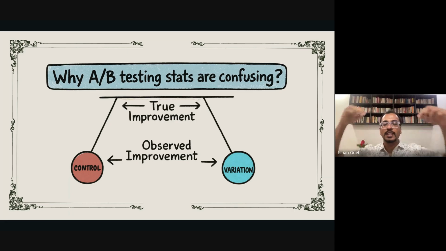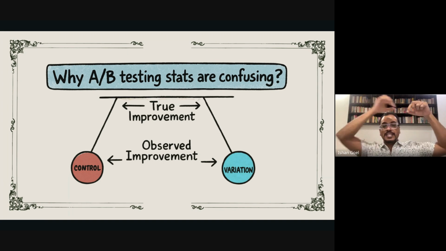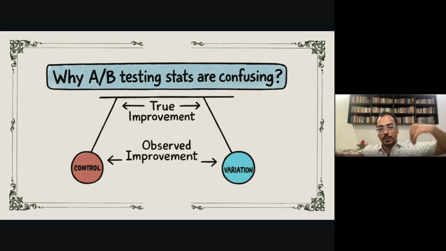If you imagine 2 pendulums hanging from a rod, the distance between where these 2 pendulums are hanging from is the true improvement that is unknowable. And now these pendulums randomly fluctuate around their separate means. So control has a mean, say the true mean of control is 10%. You can expect to see anywhere around 12% or 8% or 9% or 11%, and similarly with the variation.